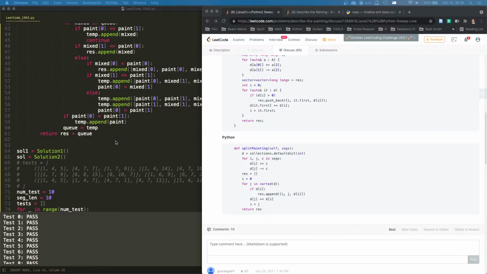Then we have 147. So at position 1, yeah, we add these two. At position 4, right? At position 4, we add 7 and we minus 5. We add 7 to minus 5 at position 4 because it doesn't belong to the first one, right?